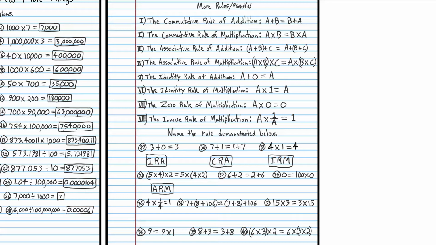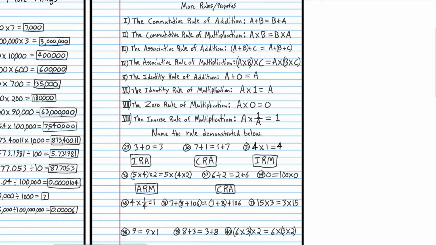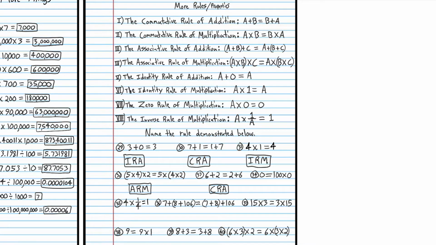So why don't you try numbers 33 and 34, and when you come back, we'll do them together. All right, we're back. 33 is the commutative rule of addition, because you're changing the order of the numbers and you're adding. 34 is the zero rule of multiplication, because you're multiplying by 0 to get 0.